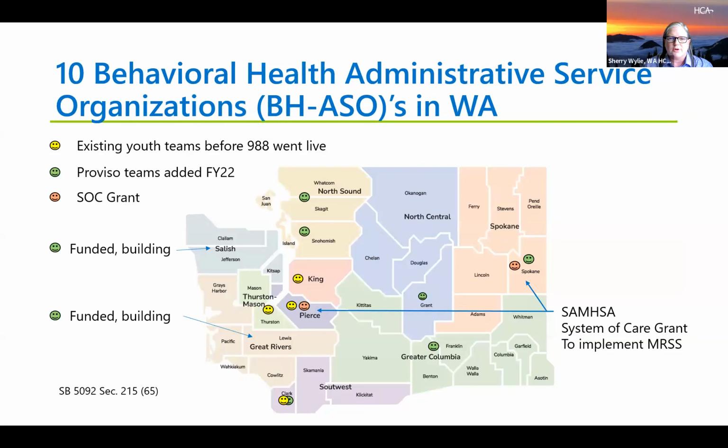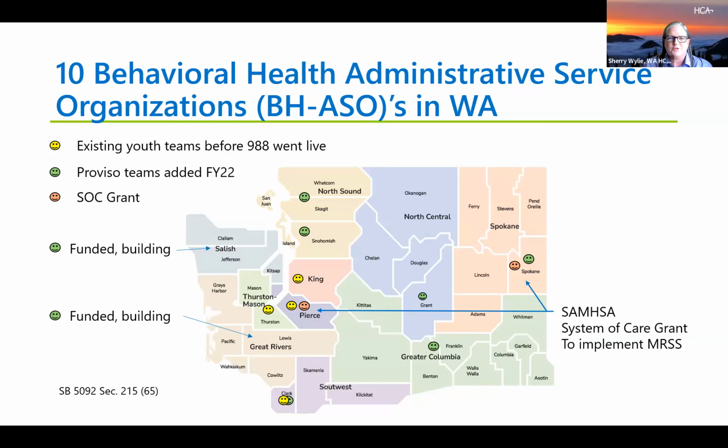The Healthcare Authority contracts with 10 behavioral health administrative service organizations to provide crisis services statewide. 4 regions and 5 counties had youth teams before 988 went live. These are King, Pierce, Thurston, Mason, and Clark counties. Proviso funds were sent out last year to stand up at least one youth team in each region. Those are the green smiley faces.